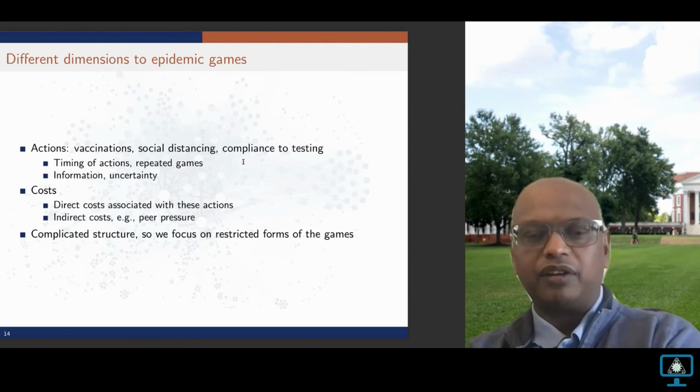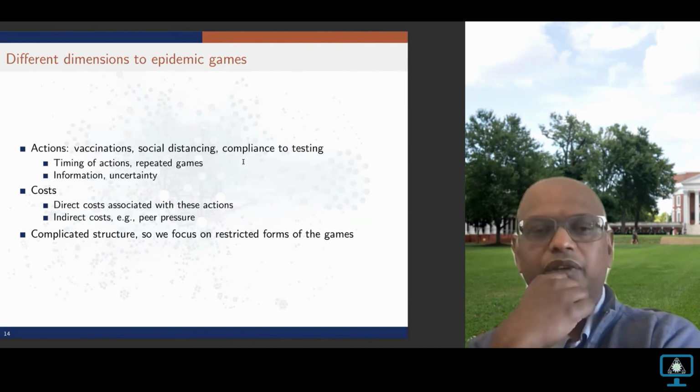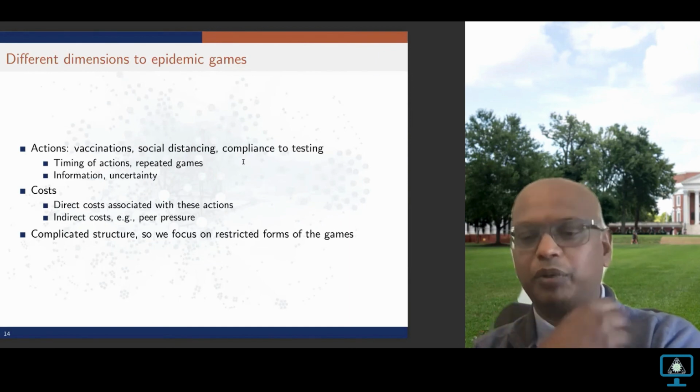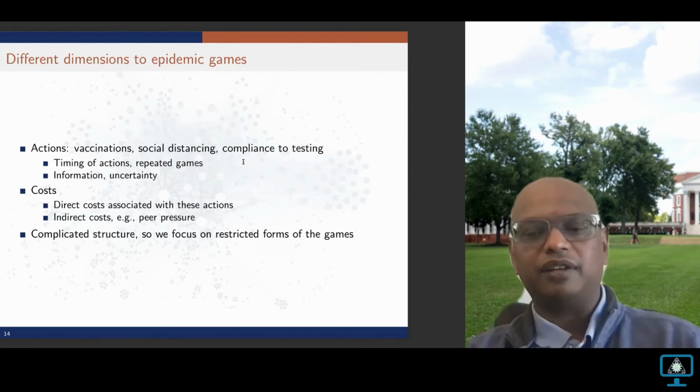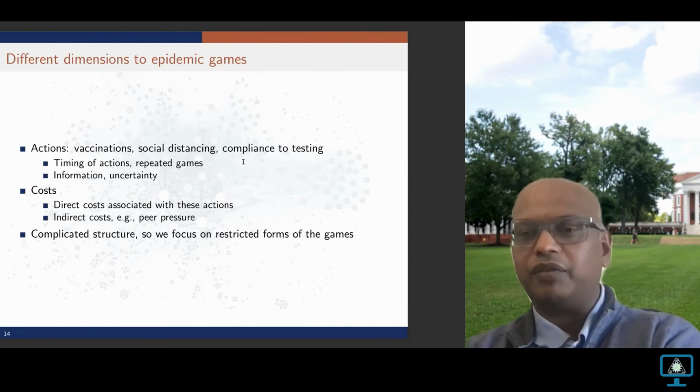The formulation I've talked about is a simultaneous action version. That's not meaningful in all settings, and so temporal versions would be relevant, and also repeated games. Especially for social distancing, the decision has to be made every day. So in some ways, it's a game played out at every time.